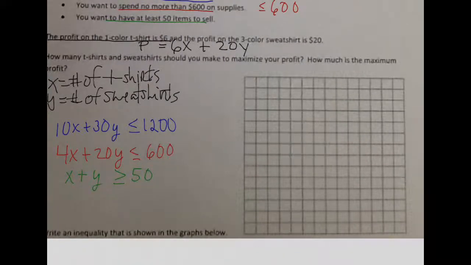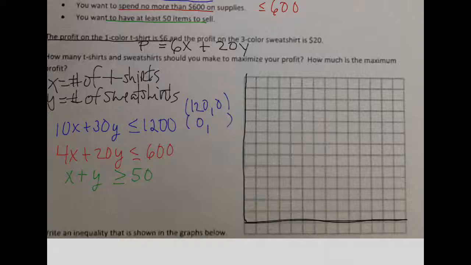Okay, so I'm going to move this up a little bit and set up my axes here, and on the bottom also. Let's take a look at what our intercepts are for all these three lines. For the first one, if I cover up the 30y, 1,200 divided by 10 is 120, so that's 120, 0.